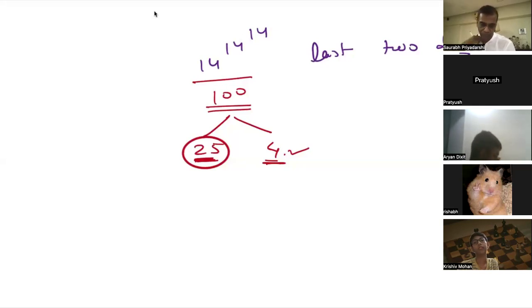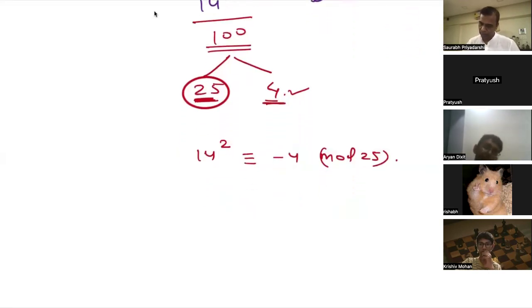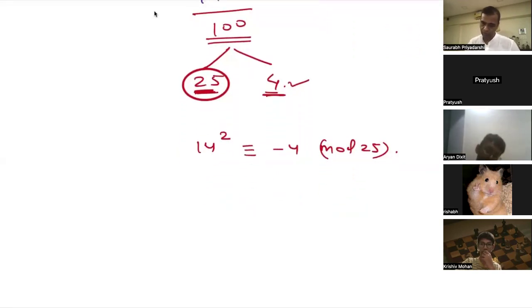Before that, you know that 14 squared is congruent to 196, which is minus 4 mod 25. Okay, everyone? Right? 14 squared, minus 4. Then minus 4 squared is 16, into 14. What is the value?